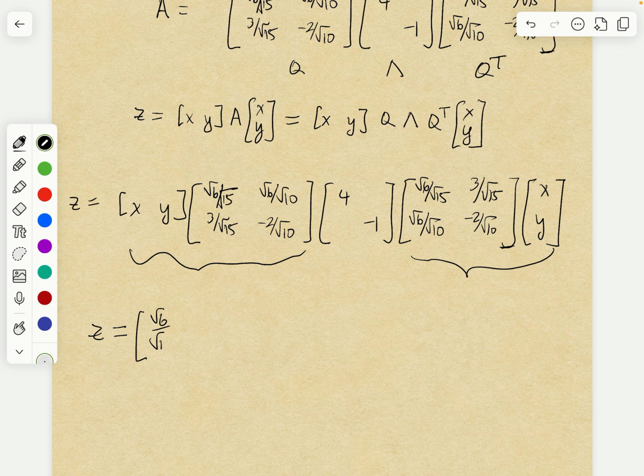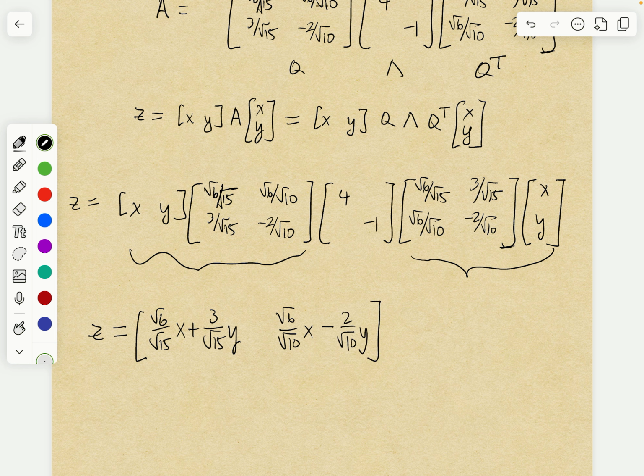Z is equal to root 6 over root 15 x plus 3 over root 15 y. So that's the first component. And then root 6 over root 10 x minus 2 over root 10 y.